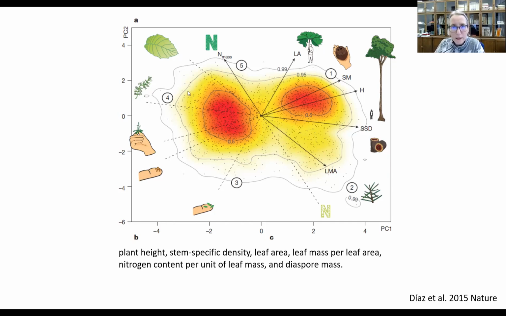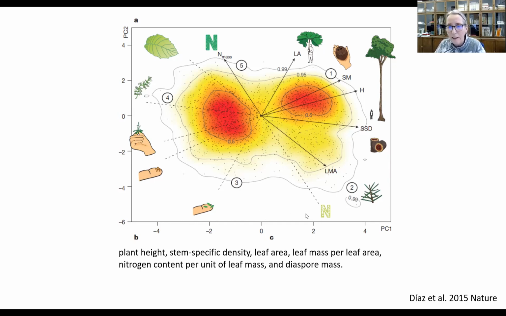You can see these points are species. The closer the points are, the more similar the species are in these measured traits. These arrows are pointing towards increasing values of these traits. So you can see 2 basic axes in this picture. The horizontal axis goes from small to large plants, and plants are accumulated in 2 places: here, small plants, herbs, and large plants, trees.